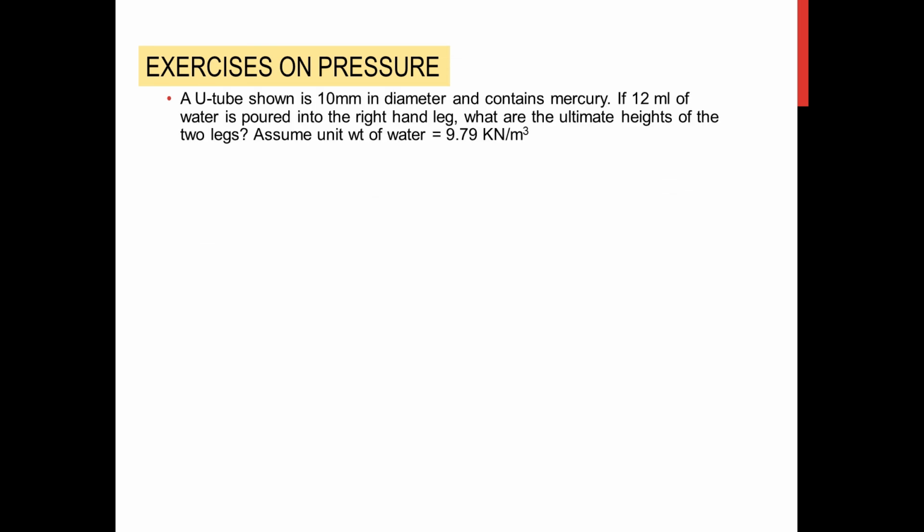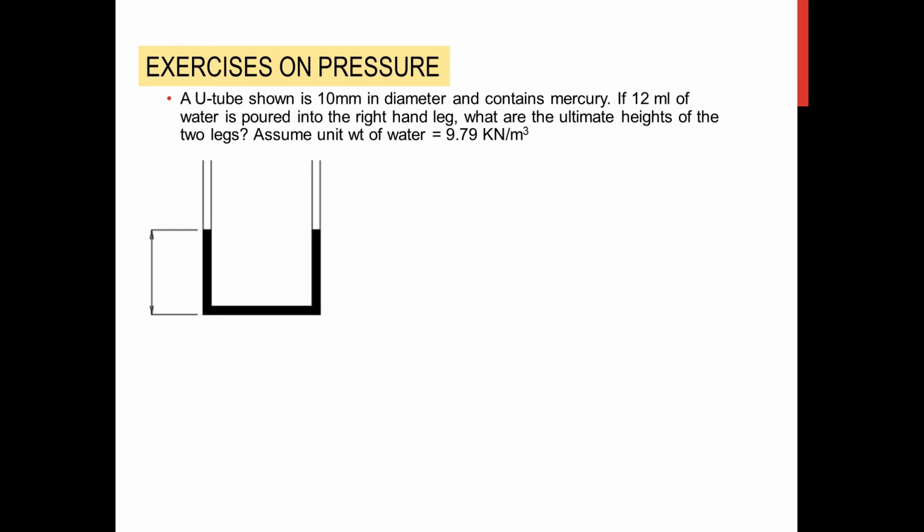So moving on to another problem, we have a U-tube shown is 10 mm in diameter and contains mercury. If 12 ml of water is poured into the right hand leg, what are the ultimate heights of two legs? Assume unit weight of water is equivalent to 9.79 kN per cubic meter.